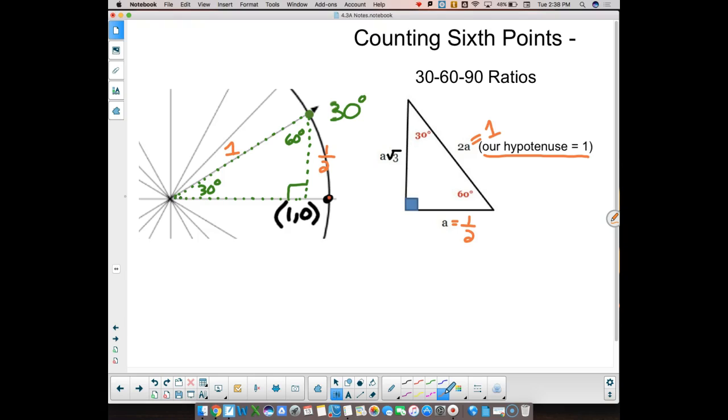If the length of the short leg of our triangle is 1/2, what is the length of the long leg, or the missing leg that we have?